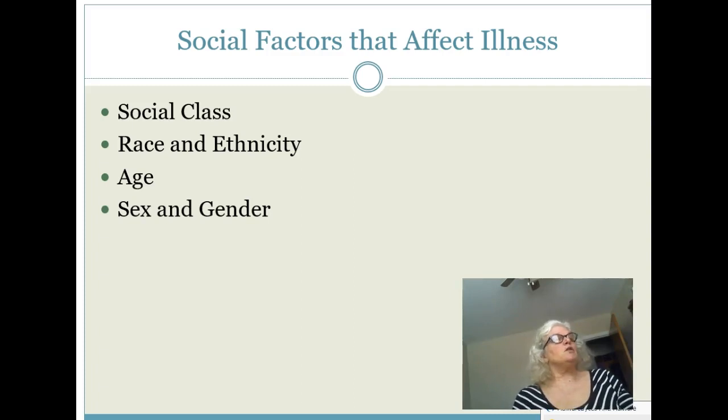We often look at social class as poverty, working class, middle class, upper middle class, and upper class. There's an economic difference in each of these categories, and it's not just the money we earn, but also the wealth that we own. So social class is about both income and wealth coming together to put us in a particular position.